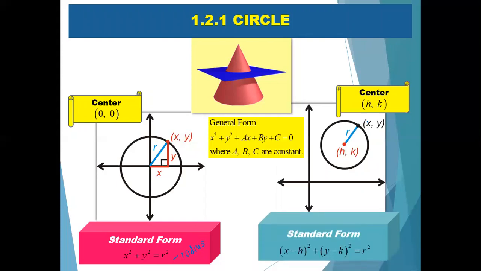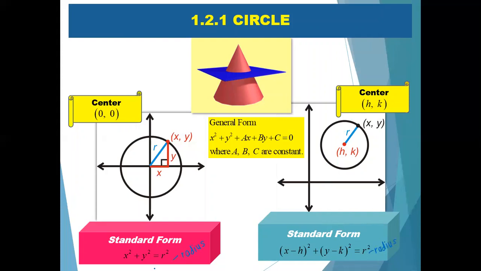So we have a standard form which is x minus h. Okay, h ni adalah center, iaitu paksi x. Okay, x minus h square plus y minus k square. K ni adalah pada paksi y lah. And then it's equal to r squared. Again, r ni adalah radius of the circle.